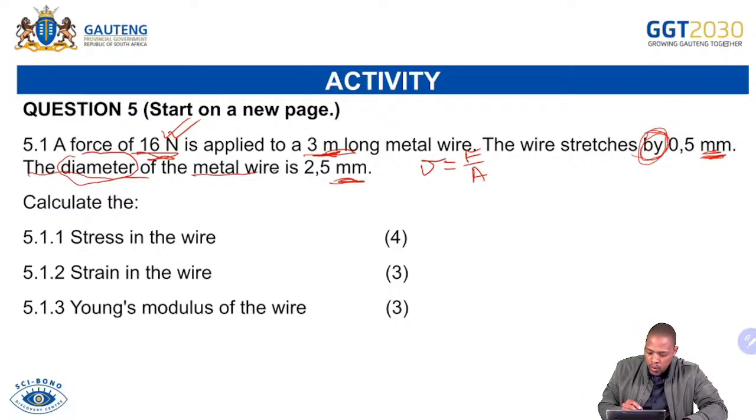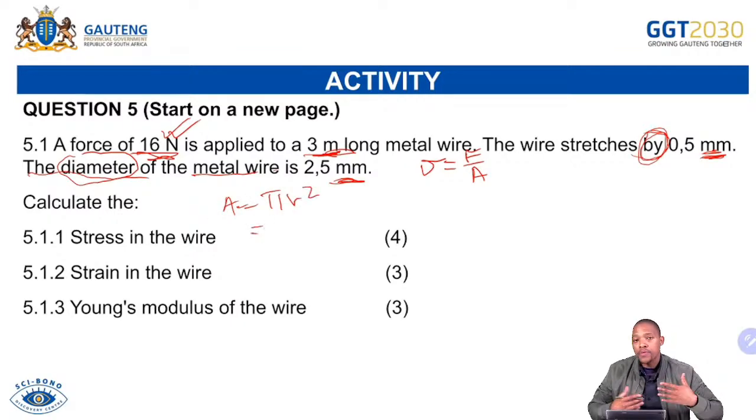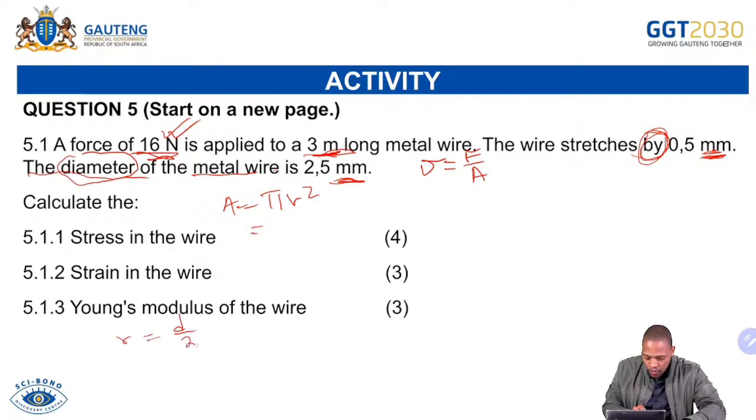And how am I going to do that? Well, I am given the diameter. Area is pi r squared. This one is my favorite one. I always use pi r squared. If you are going to use pi d squared over 4, you're fine. And you are even better than me because you are quickly going to just use it without converting from diameter to radius. I, on the other hand, have to say the radius is the diameter over 2.